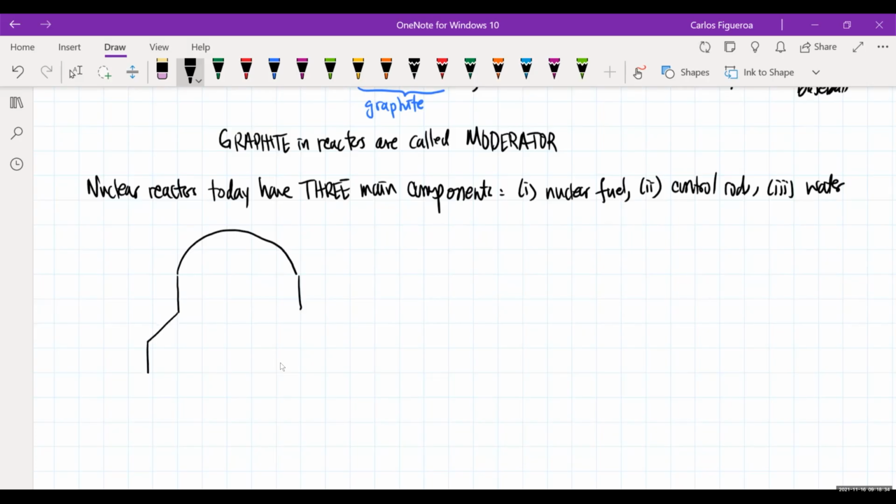I don't know how big to draw this, so I'm going to say that it looks something like this right here. So this guy right here is my reactor. This whole yellow thing here is my nuclear reactor.